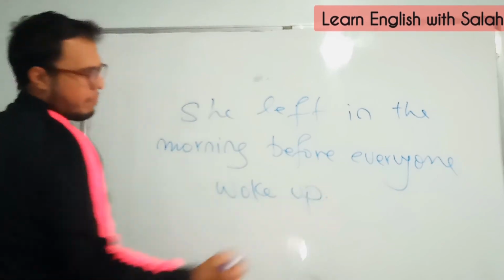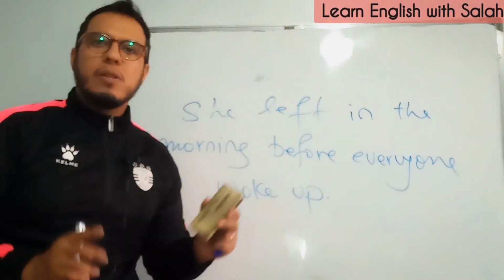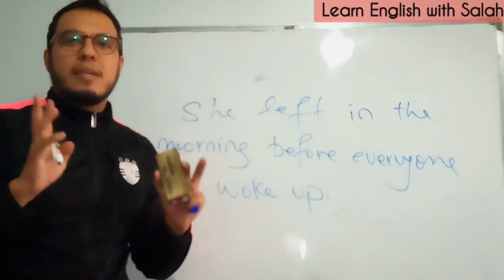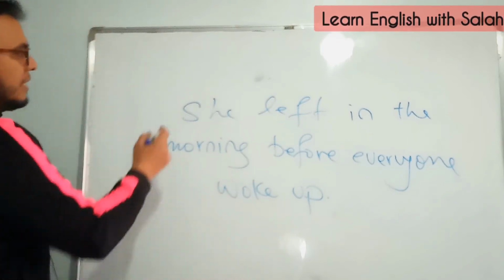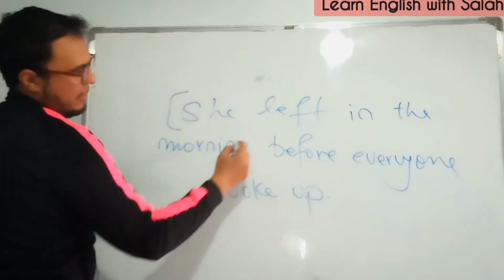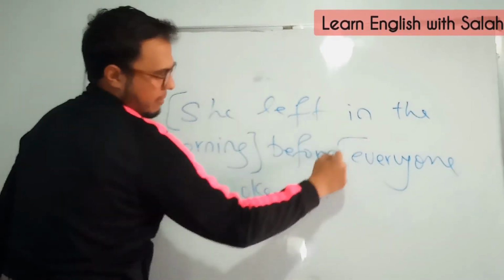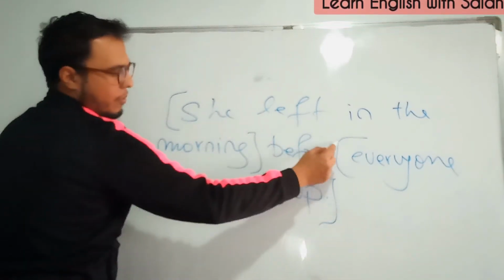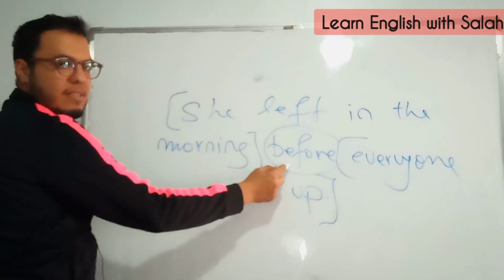Okay, so this is called a full sentence. It is called a complex sentence because it has what? It has an independent clause and a dependent clause which starts with the subordinate conjunction before.